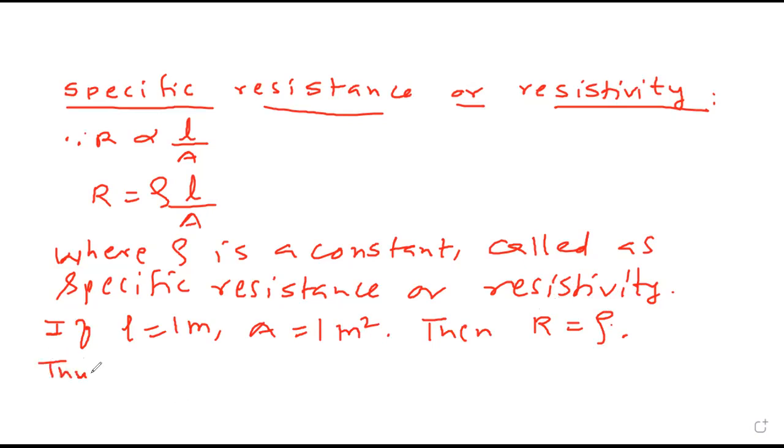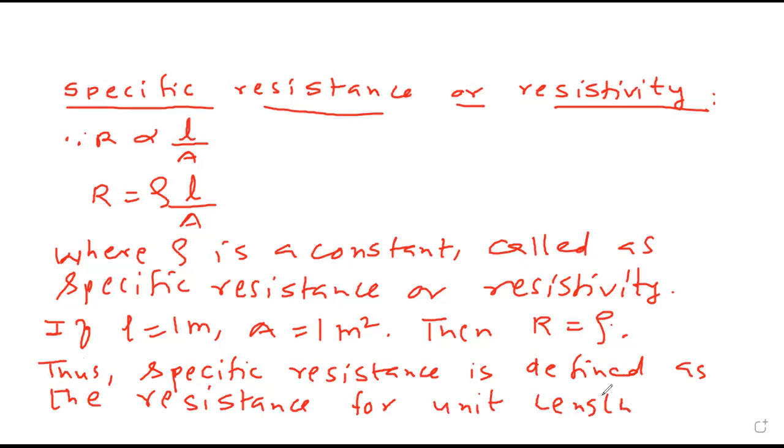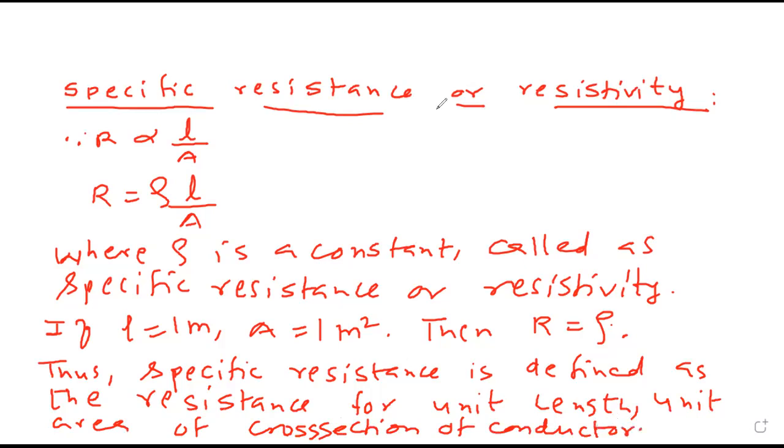Thus, specific resistance is defined as the resistance for unit length and unit area of cross section of a conductor.